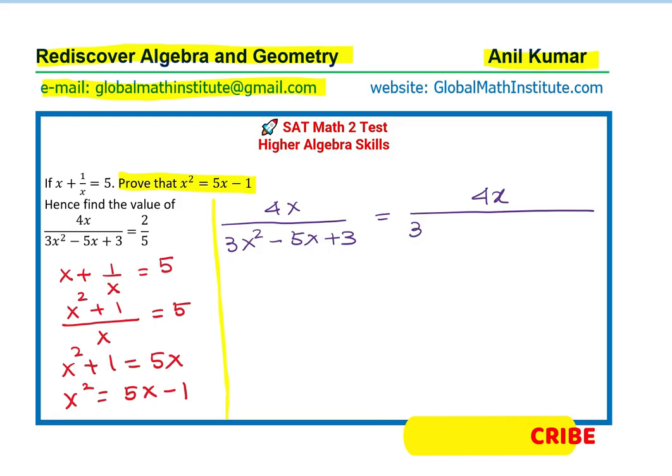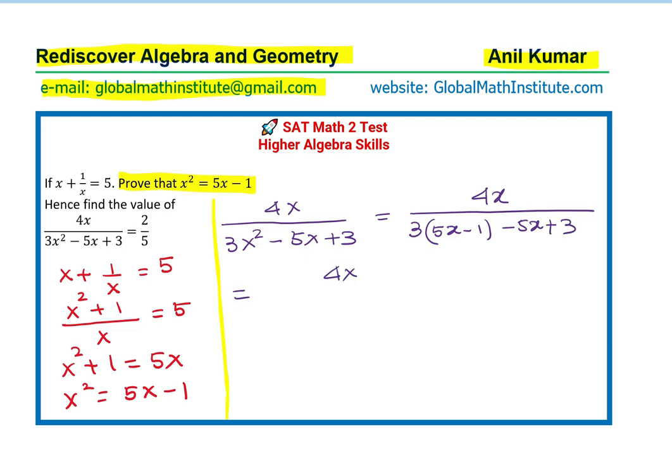So 3 times x squared, which is 5x minus 1, and we have minus 5x plus 3. So that will give you 4x on the top, and open the bracket.